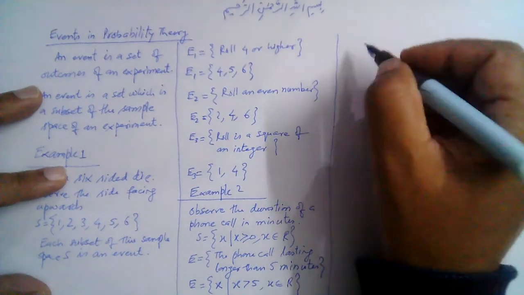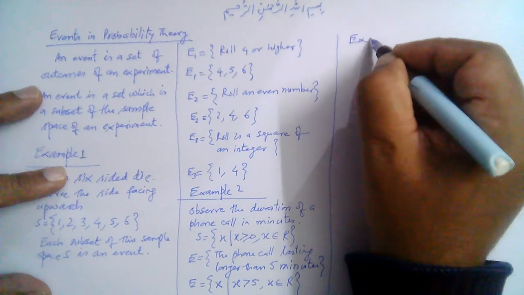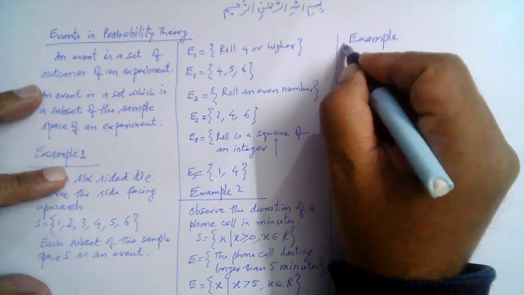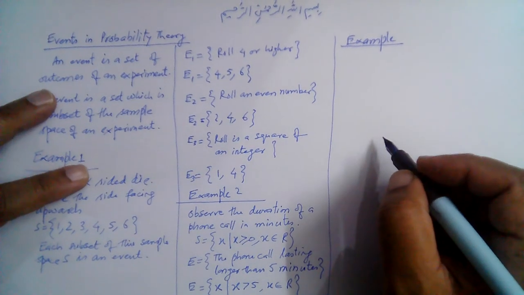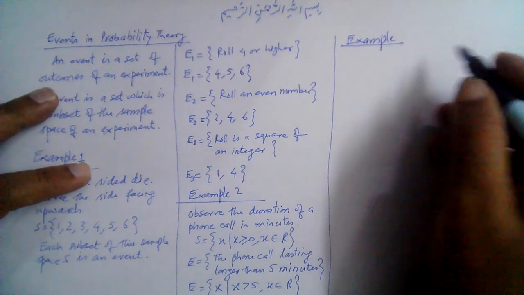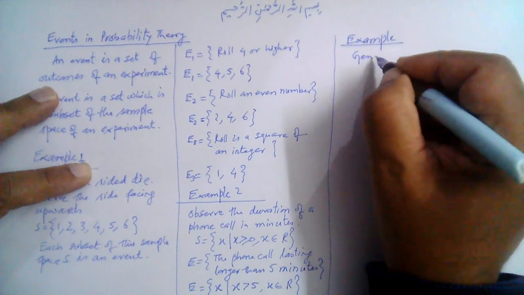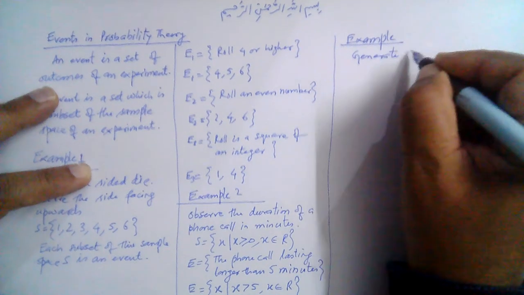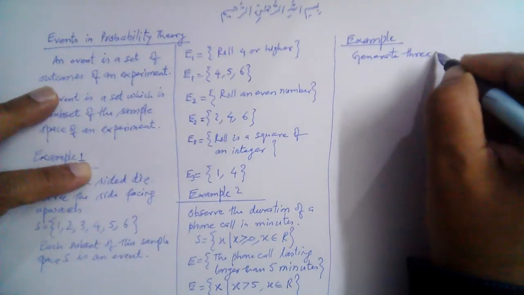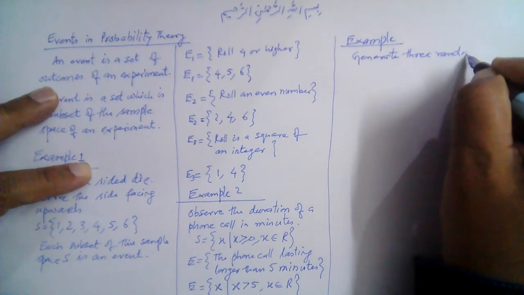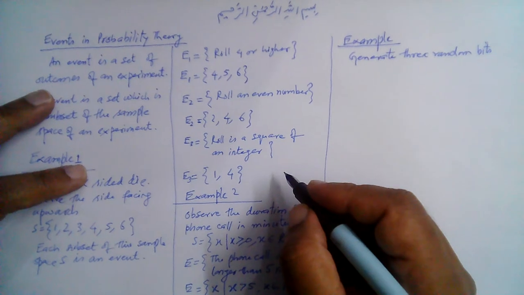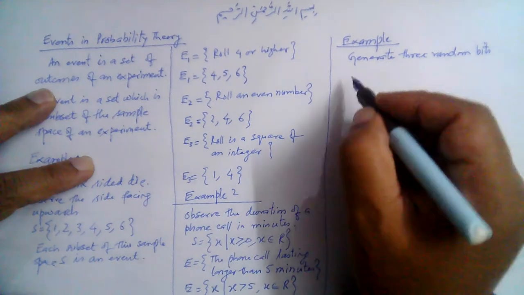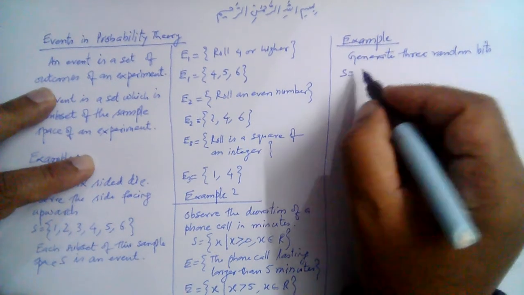So let us describe another example. For example, generate 3 random bits, right? So the bits can be of any of the possible patterns.